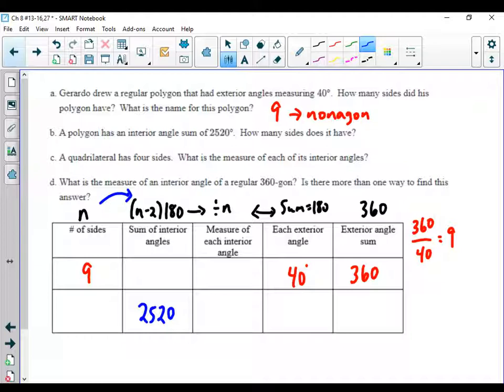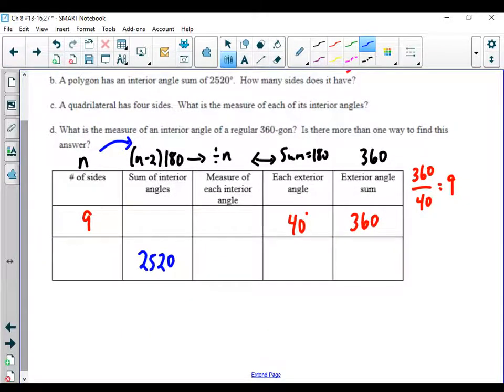Now I know the total. So what I'm really going to do is think backwards. In that formula, we said n minus 2, and then we multiplied by 180 to get my answer. So I'm going to take that total of 2,520 and set it equal to n minus 2 times 180.